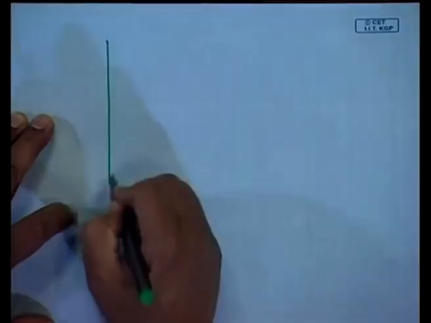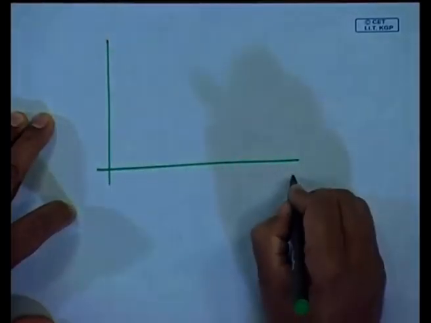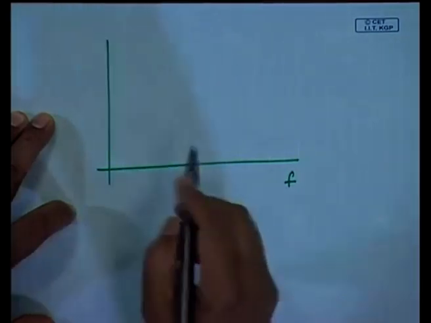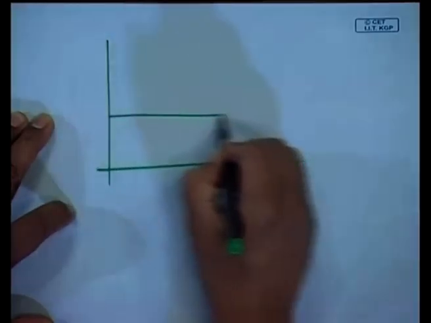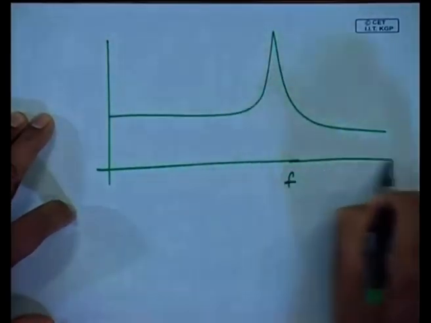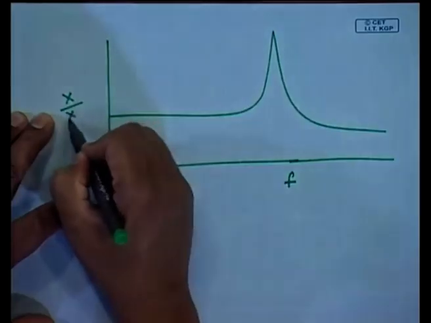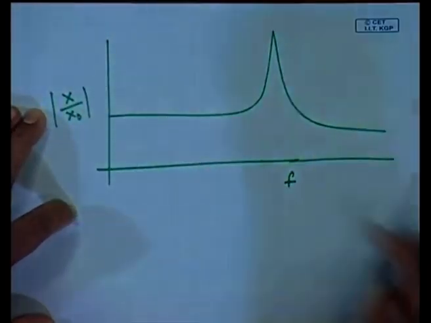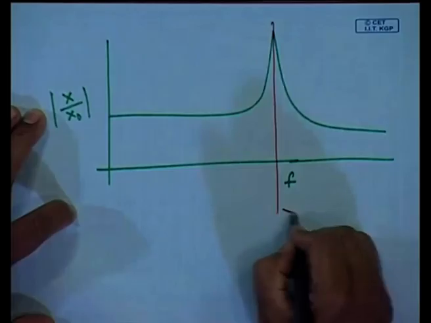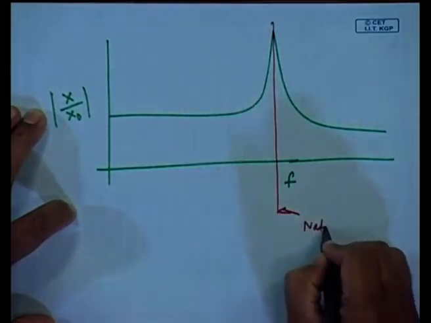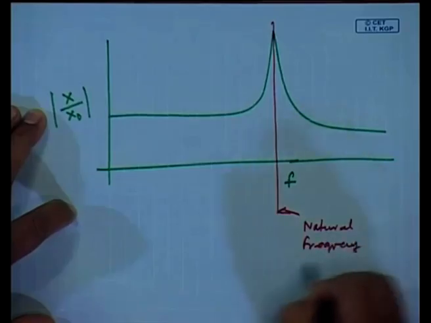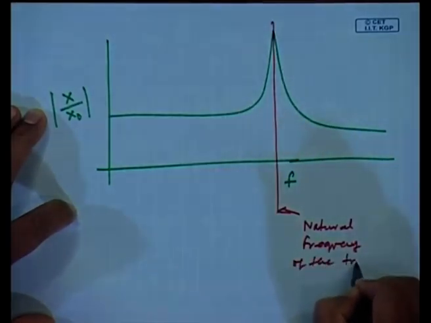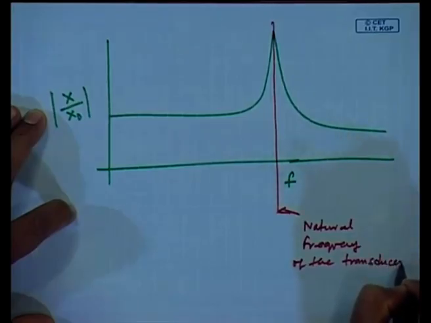Now, going back to the transducers, because they have natural frequencies, if I was to plot the natural frequency response of a transducer, this is the natural frequency of the transducer.